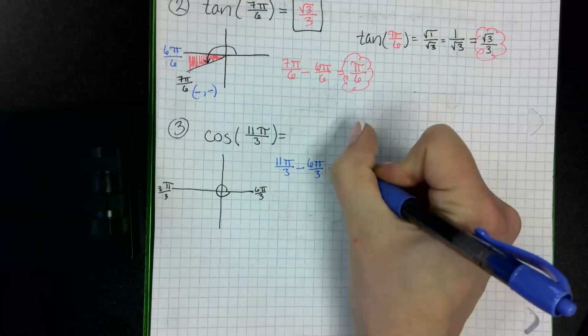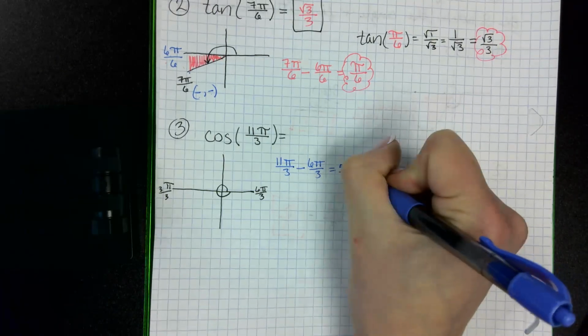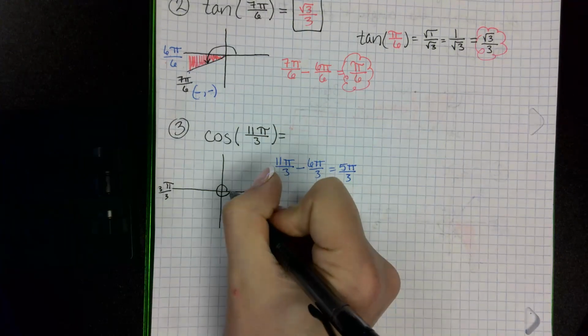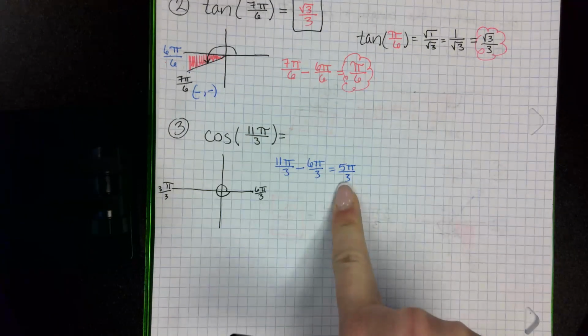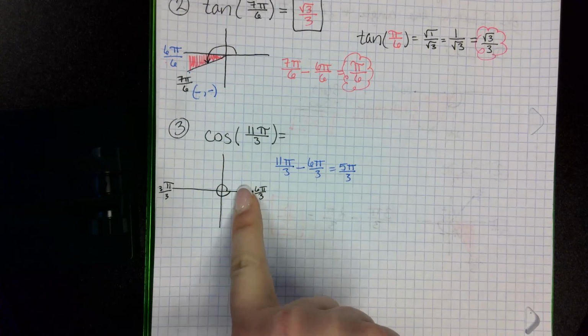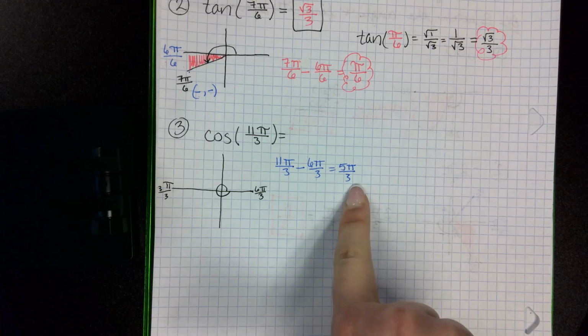And that tells me 5 pi over 3. I still have 5 pi over 3 left to sketch. So from going one time around, I then have to go 5 over 3. Well, 5 over 3 is almost 2. If that was 6 over 3, it would be closing the circle a second time. So it's just stopping shy of that.